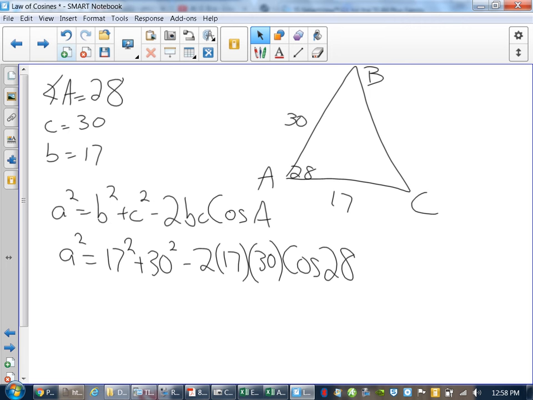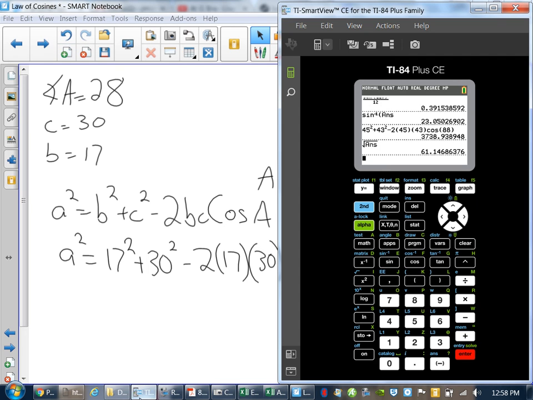But as you put them in the calculator, it's going to look exactly like you just wrote it out. It looks the same. We hit enter. And that number equals a squared.